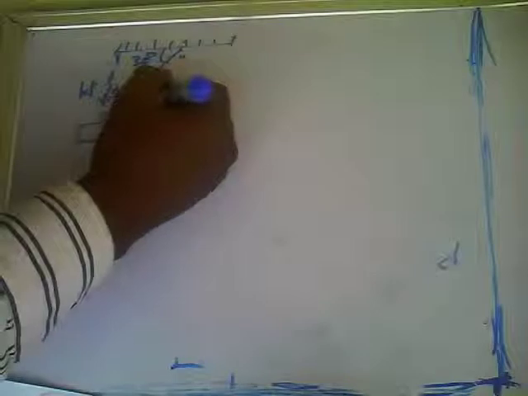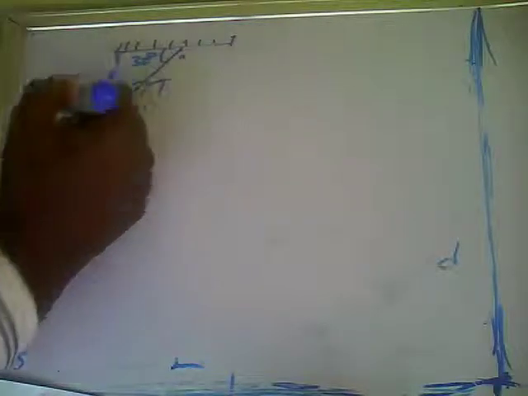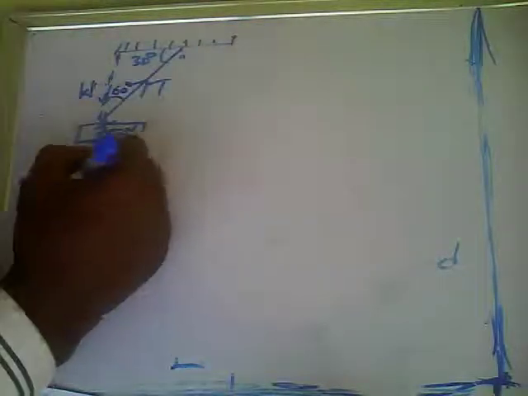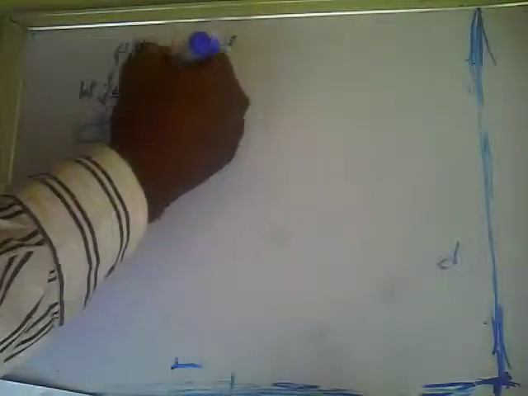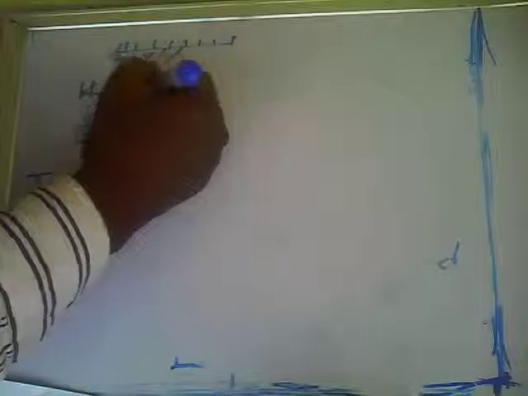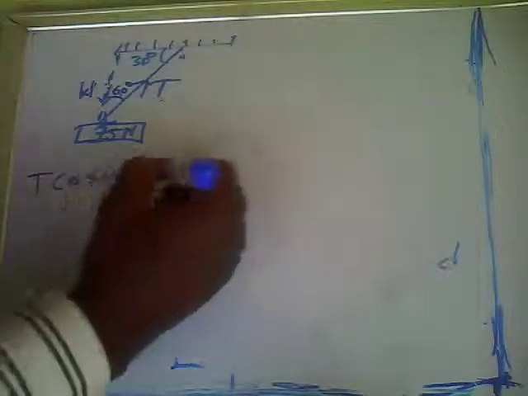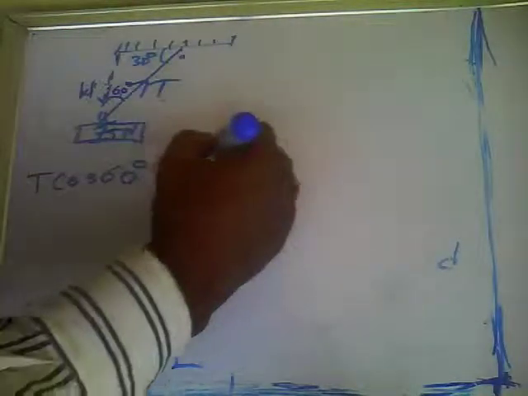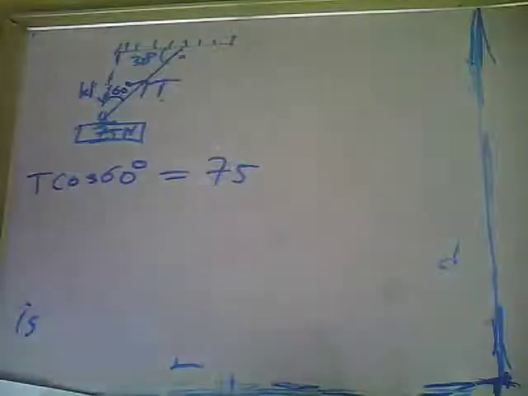The component of the tension along the vertical is T cos 60 degrees, and that must be equal to the weight of the body for the system to be in equilibrium. Otherwise, it will not be able to sustain the body.